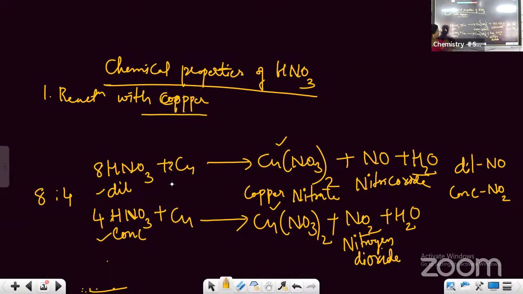This is 3 copper, so 3 copper nitrate. 3 times 2 is 6, so 6 nitrogens are here. Total 8 on the reactant side, so 6 are formed here, plus 2 more. Water: how many hydrogens are there? 8 hydrogens are there. How will you balance the hydrogens? Plus 8, already 2 is there, so 4. In this way, try to balance it.